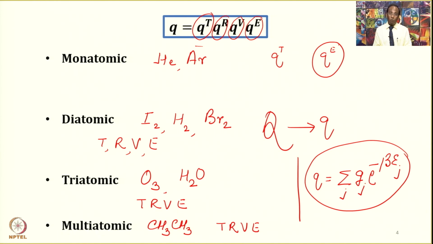The rotor can be a linear rotor or a non-linear rotor. When we talk about vibration, there can be linear molecules and non-linear molecules, and therefore the vibrational degrees of freedom or the number of normal modes of vibration will also depend upon the type of system that we are dealing with. All these details we are going to discuss in the lectures coming up ahead.